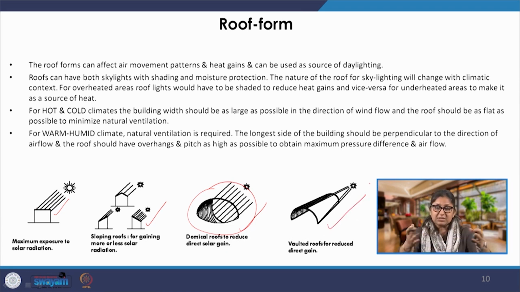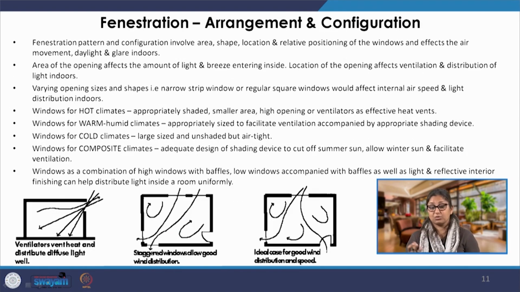Sometimes it is possible to create a dome; if not, then we can have a vault, which is less performing than the domical roof, but it still is better than the flat roof or sloping roof for a hot climate. So, depending upon the amount of radiation that is received and required, and also the precipitation, the amount of rain or snow that is received, we will select the type of roof.